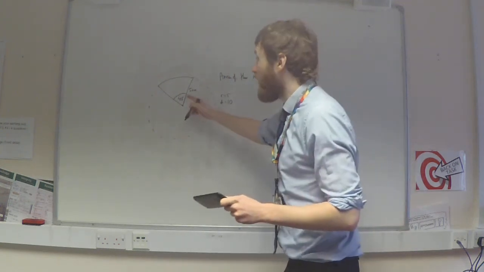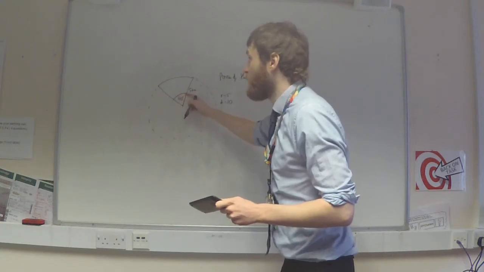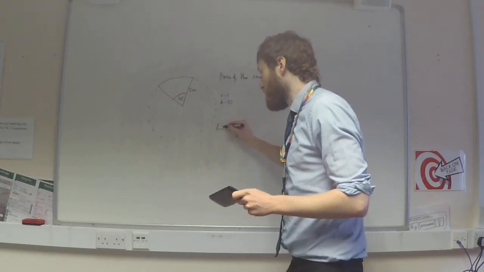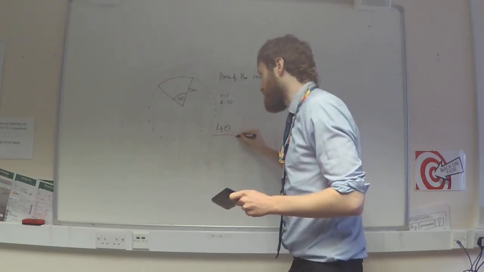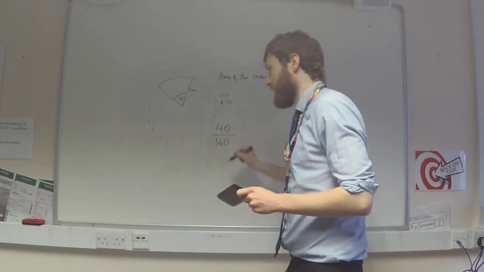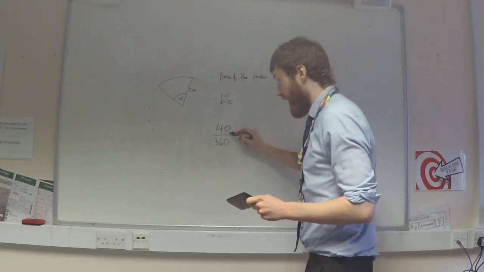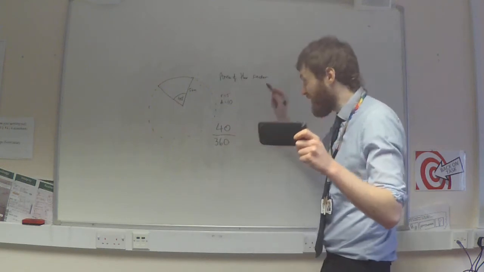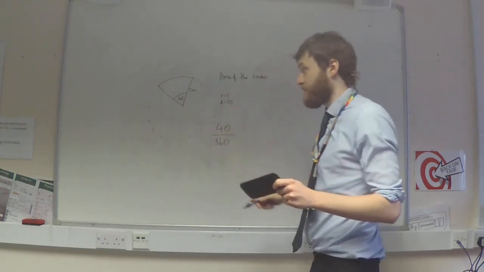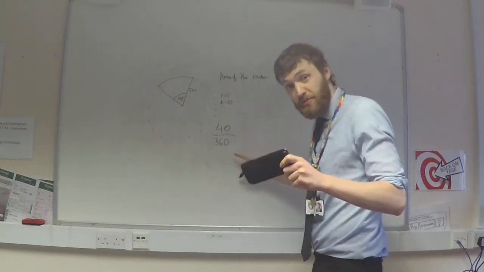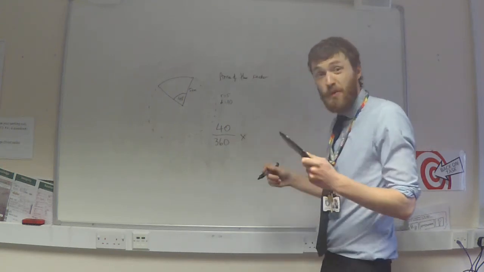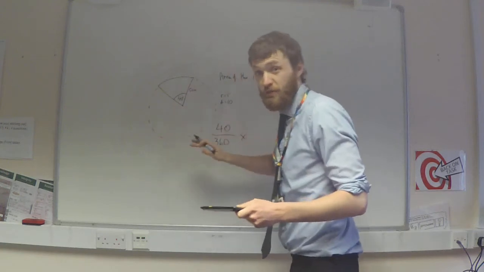So we want 40 of those 360 degrees. So we're going to write 40 out of 360 degrees. So what we're saying here is I don't want the whole circle, I want just 40 of the 360. So that is the fraction part of it, and then we're going to times it by however we'd find the area of the whole circle.